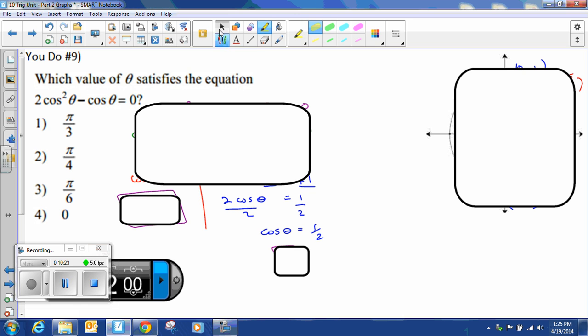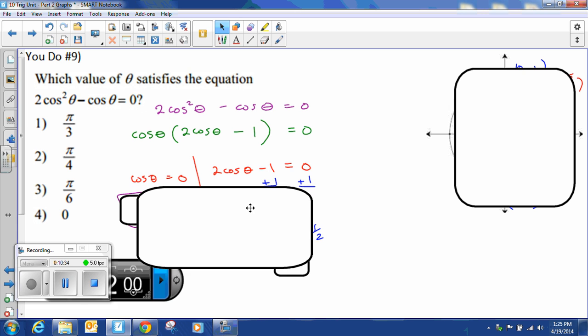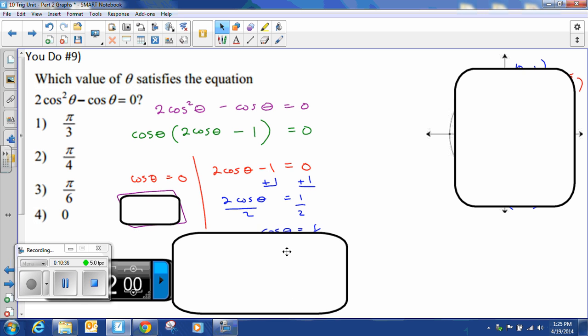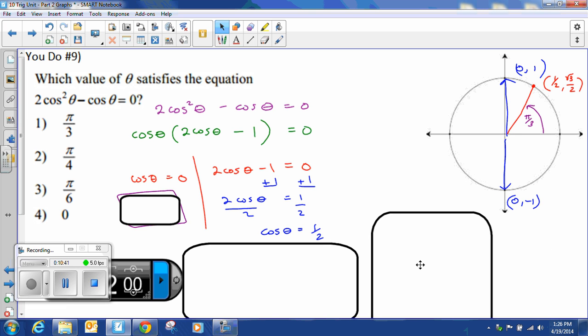Last example. Which value of theta satisfies the equation 2 cosine squared theta minus cosine theta equals 0? Factor it out, set them equal to 0, and solve. So here's your unit circle again.